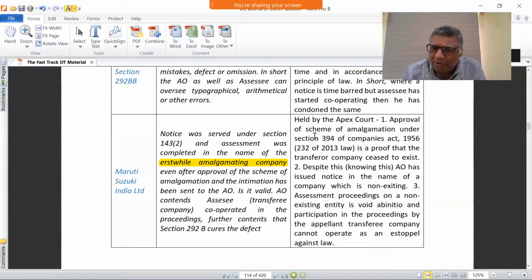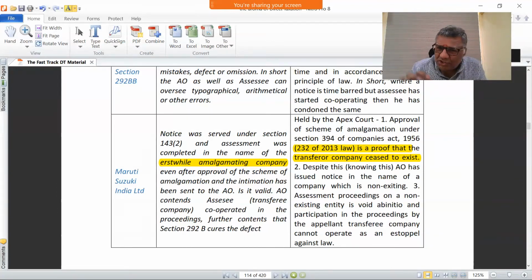Held by the Supreme Court: approval of the scheme is proof that the transferor company is no more there. Despite knowing this, the AO issued the notice in the name of a non-existing company.